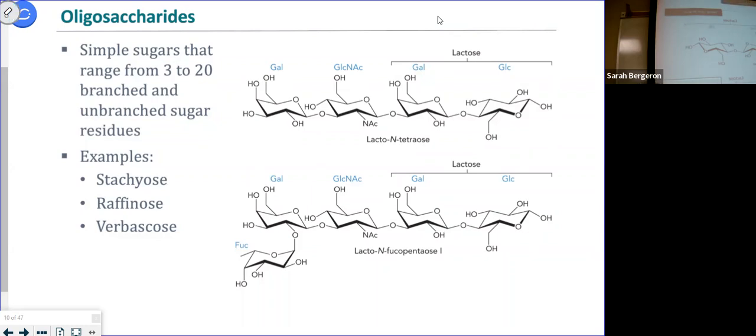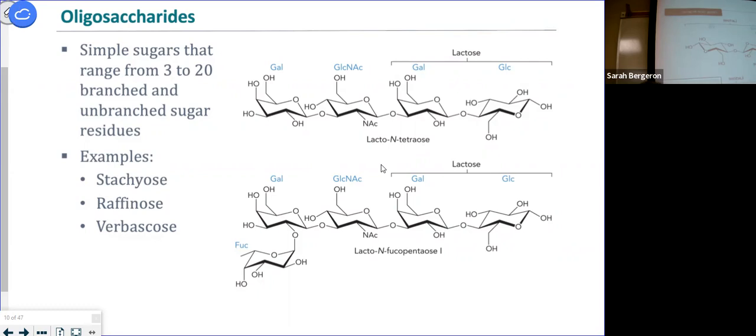Okay, so that oligosaccharide that you can't digest in beans is called stachyose. That is the oligosaccharide that you cannot digest, right? Raffinose is another example of an oligosaccharide.